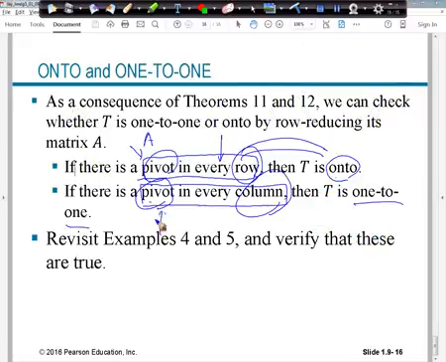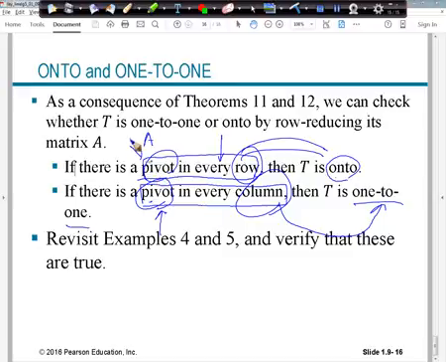And then in the case of this guy, a pivot in every column means all the variables are basic variables, which means there is no free variable. All the variables are basic variables because every column contains a pivot. So that means we have no free variable, right? So that is the same as one-to-one. So we already learned it, right?